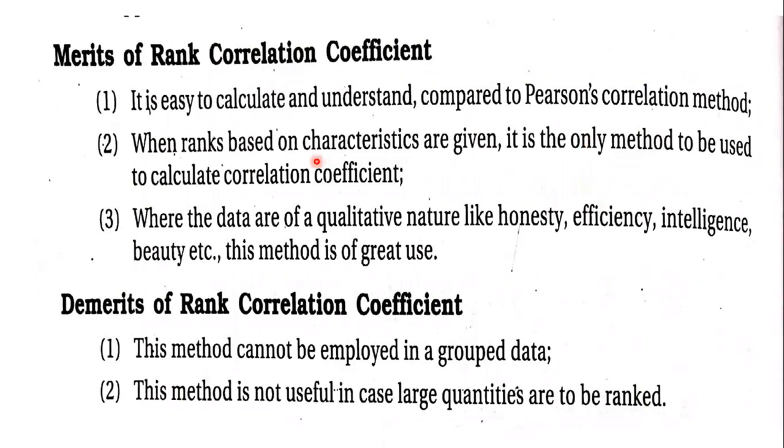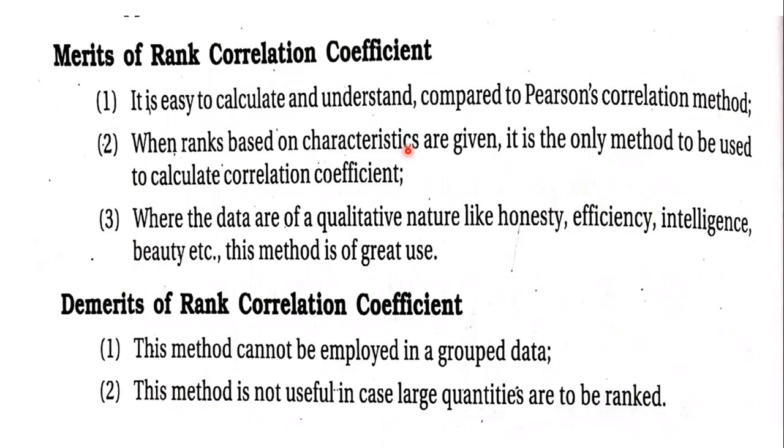Then, when ranks based on characteristics are given, it is the only method to be used to calculate the correlation coefficient. This rank correlation is basically framed to solve characteristics data. Something like the fashion show question, where you have to judge and rank a person.